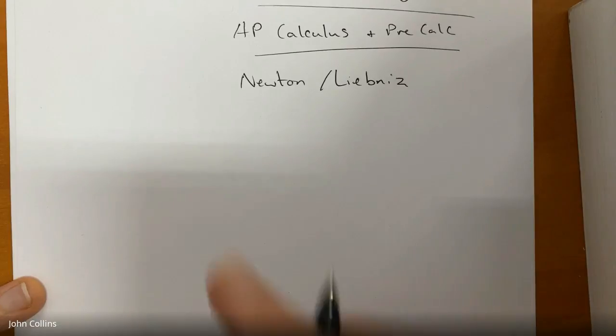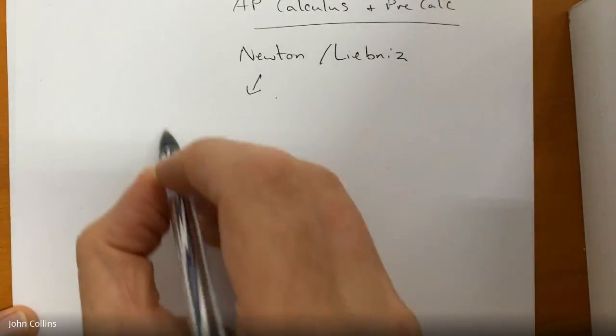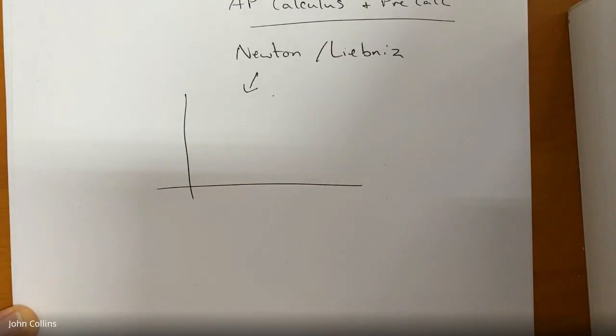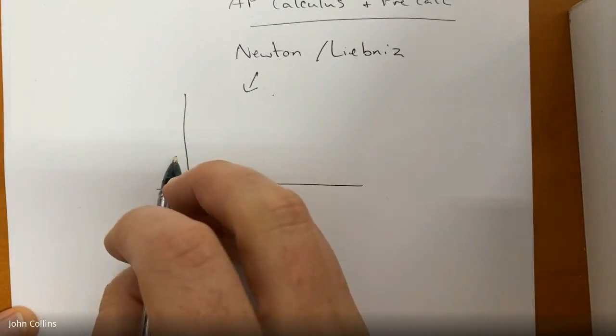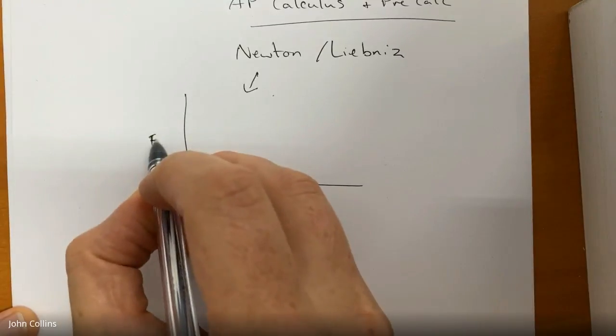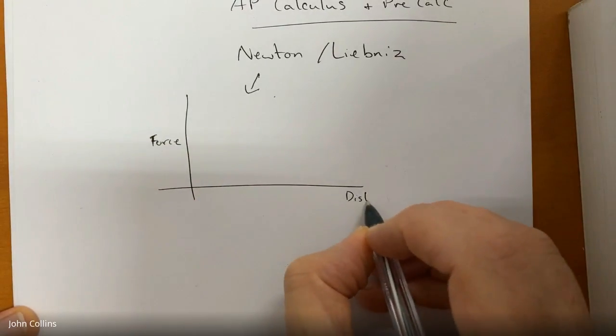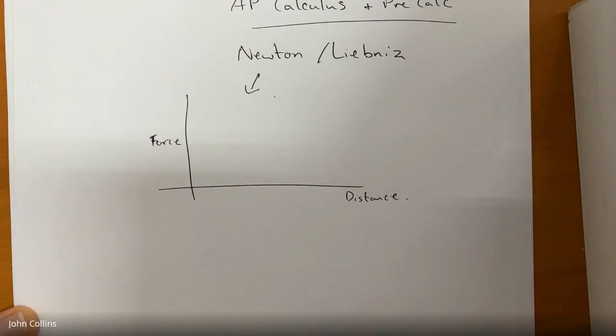Okay, so I just wanted to talk about Newton. Let's go with Newton, because he, of course, is of apple fame. If we just create a graph here of gravity and its effect on that apple, I think this is perhaps where Newton came up with the idea of calculus.